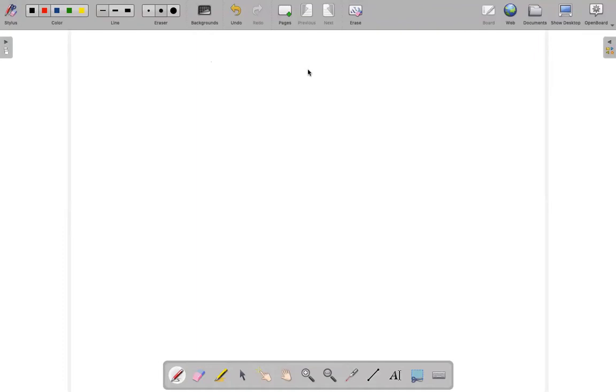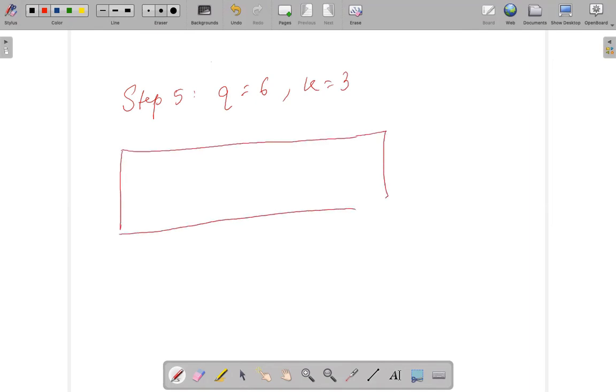At step 5, you will see your q is equal to 6, k is 3, and now let us try to compute the state of the table.